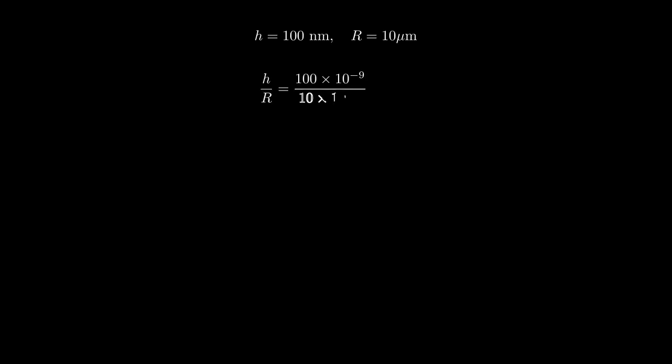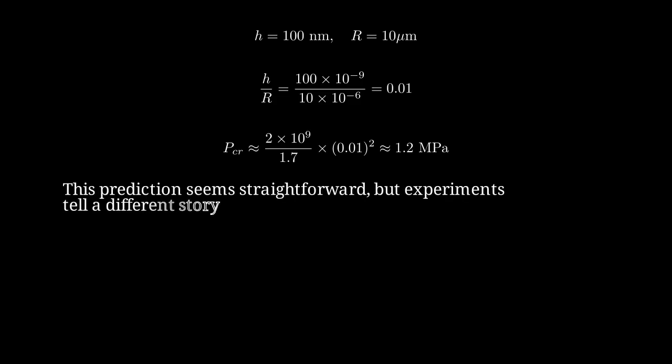The ratio h/r equals 100 times 10 to the minus 9 divided by 10 times 10 to the minus 6, which equals 0.01. The critical pressure is approximately 2 times 10 to the 9 divided by 1.7 times 0.01 squared, which gives approximately 1.2 megapascals. This prediction seems straightforward. We expect the capsule to buckle at approximately 1.2 megapascals.